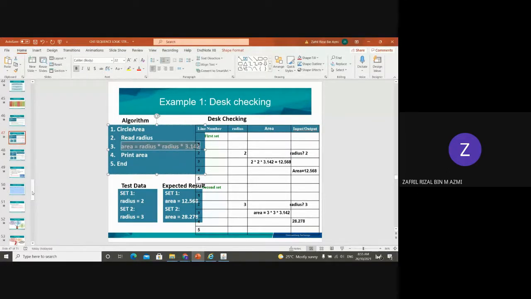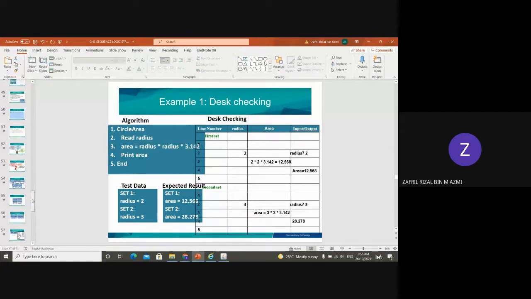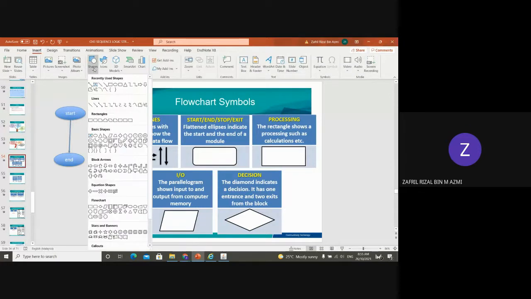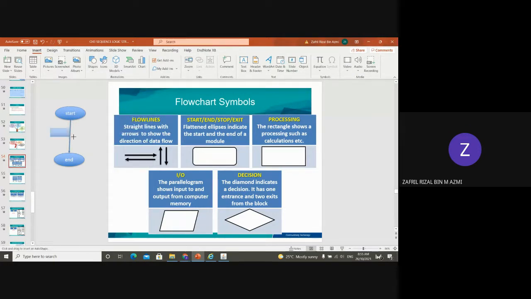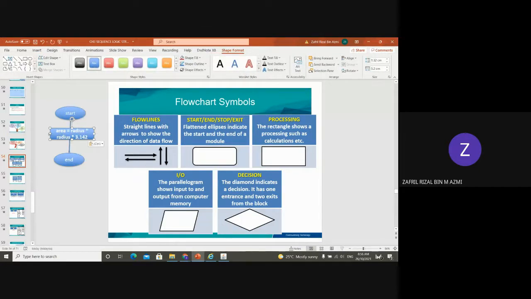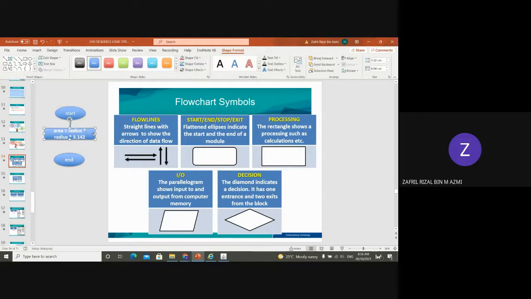So since we have that calculation, this calculation should be put inside of the rectangle. Right. Macam tu. Ni tak ada input, tak ada output lah. Okay.